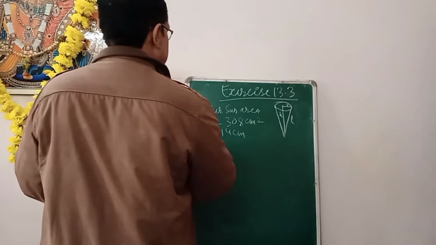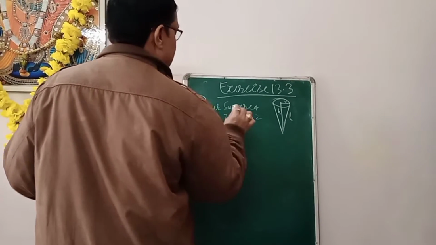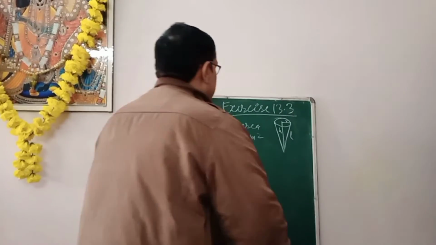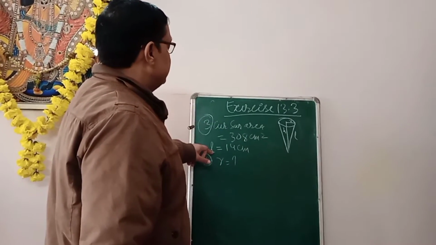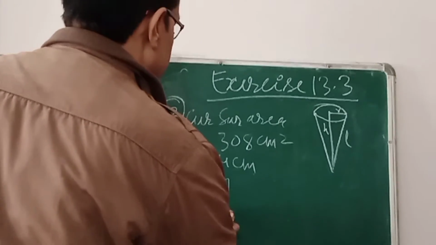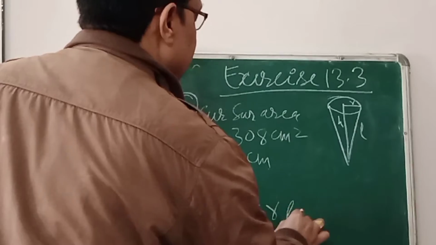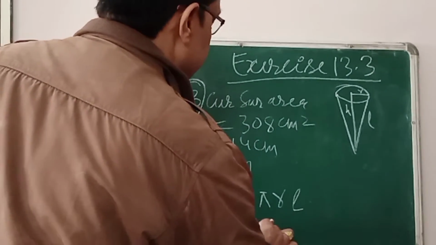What we need to find out? First thing is to find out R, this radius of the base. Curved surface area is given, L is given, R we have to find out. We know that the CSA is how much? Pi R L. We have to find out R. So R is how much?